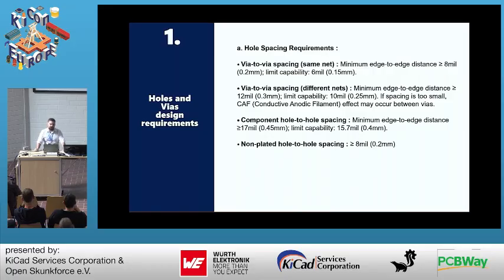You have to know that when I say it is possible, it also makes us take a risk by doing it, so you have to be aware of that. Then if 2 vias are on different nets, the value is different. You have to respect at least 0.3 millimeters. The fact is that if the spacing is too small, we can meet CAF issues, that can create shortcuts, for example. So we have to be very aware of these values.